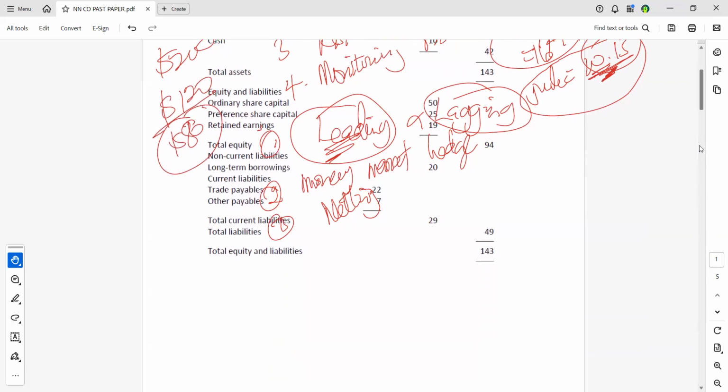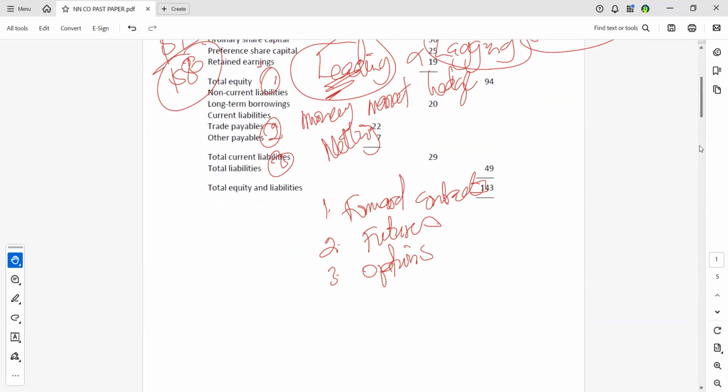Then we come to some techniques such as forward contracts. Forward contracts. Then we have what? Futures. Then we have options. Then we have forward rate agreement. Guys, I want you to be particular.